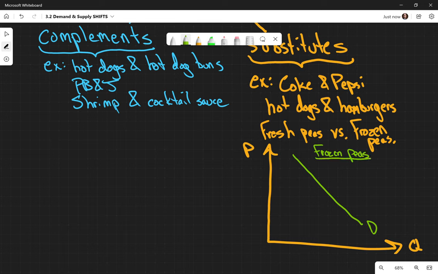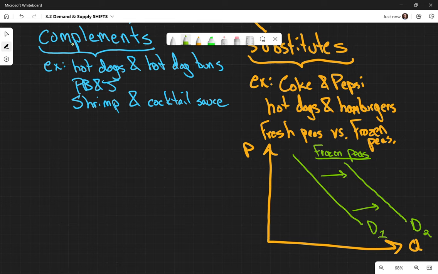If I tell you in the prompt the price of fresh peas has increased, you're going to say, oh, fresh peas, those are a substitute for frozen peas. That means more people are going to now demand frozen peas, and so there's going to be an outward shift, or a rightward shift, in my demand curve at any given price, right?